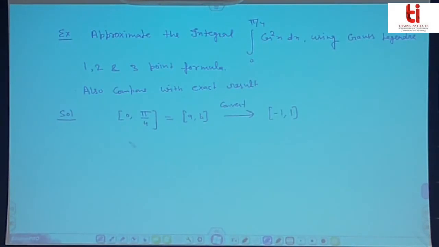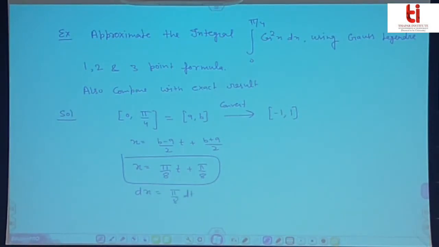So x equals b minus a upon 2 t plus b plus a upon 2. A is 0, b is pi by 4. So what we are getting here is x equals pi by 8 t plus pi by 8, so dx will be pi by 8 dt.